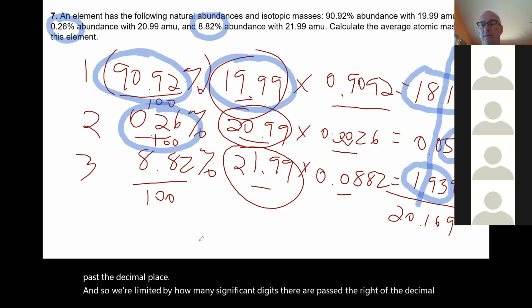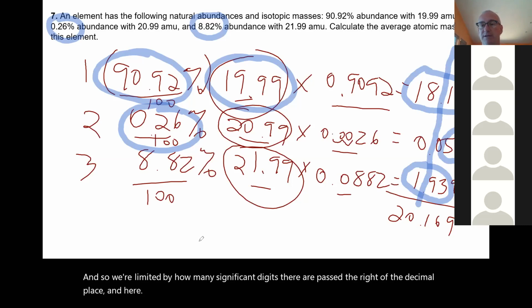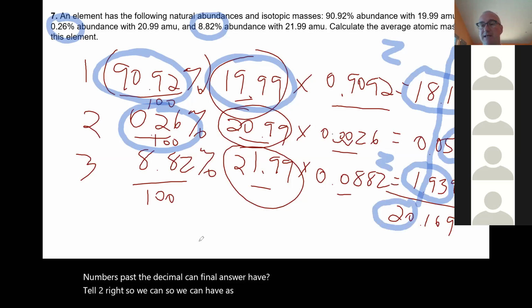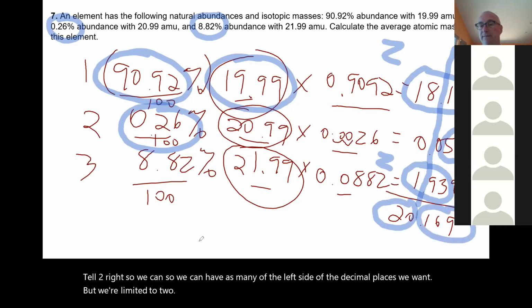This one is limited to 2 past the decimal place, and this number also 2. So how many numbers past the decimal can our final answer have? 2, right. We can have as many on the left side of the decimal as we want, but we're limited to 2 on the right side. So what should our final answer be?